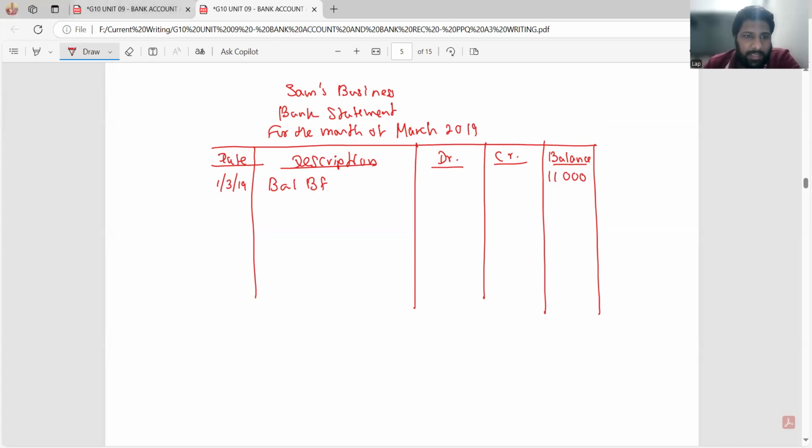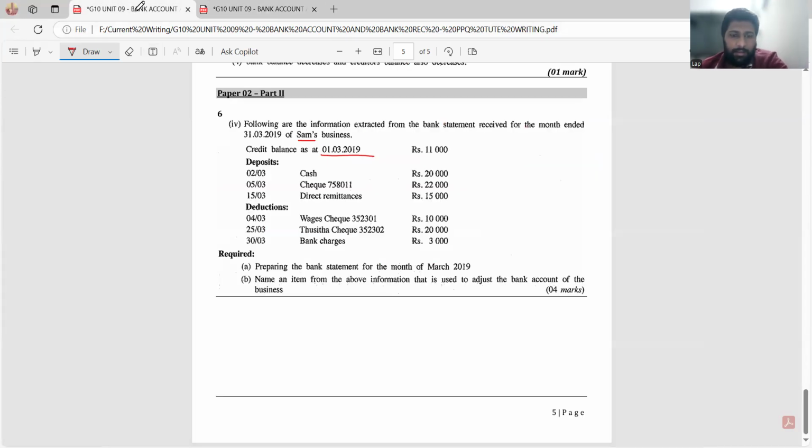So what you have to understand is that our debit items, these are deposits. Deposits mean our debit, but in the bank statement they should be on the credit side, and they will increase the balance.